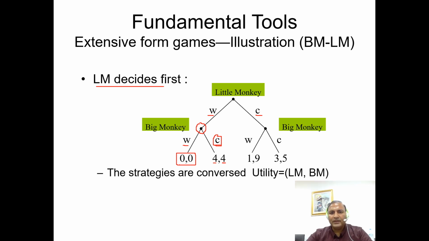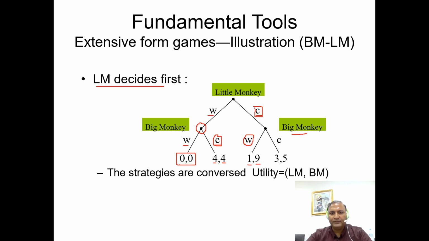And now we look at the other situation where the little monkey decides to climb up on the tree. In this case, again, the big monkey has two actions to take. One is he waits, and in that case he will get 90% of the fruit, so his payoff will be equal to 9, and the little monkey will only get 1.